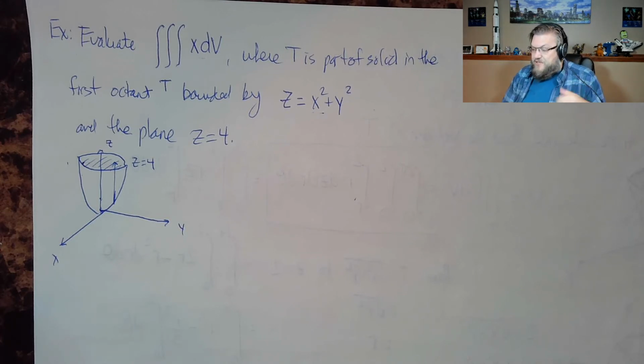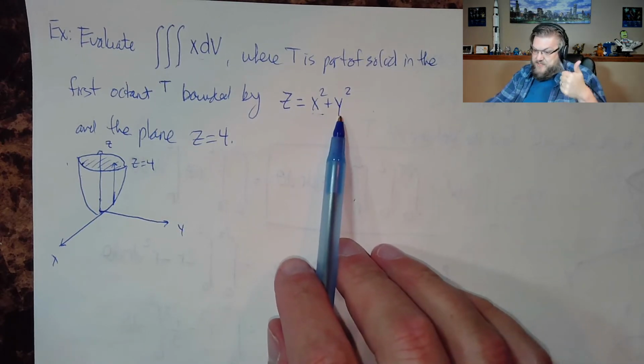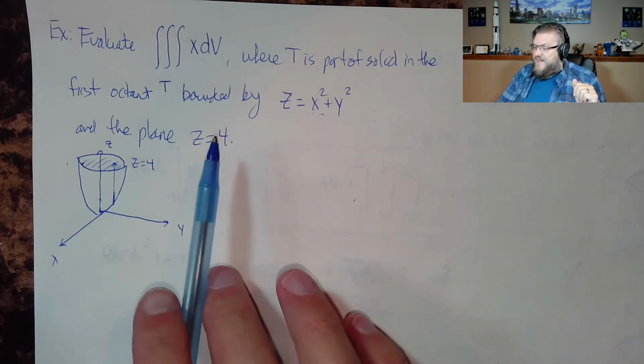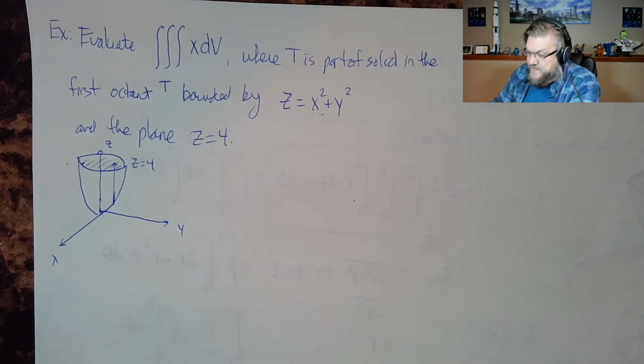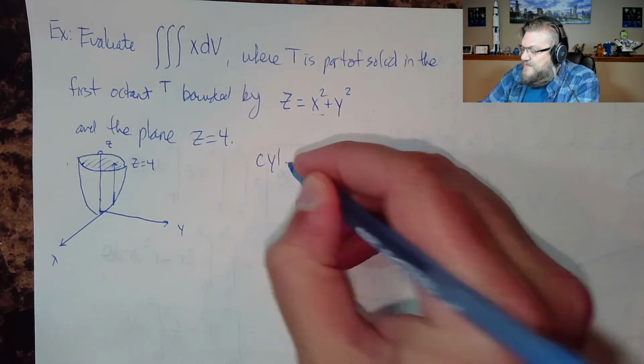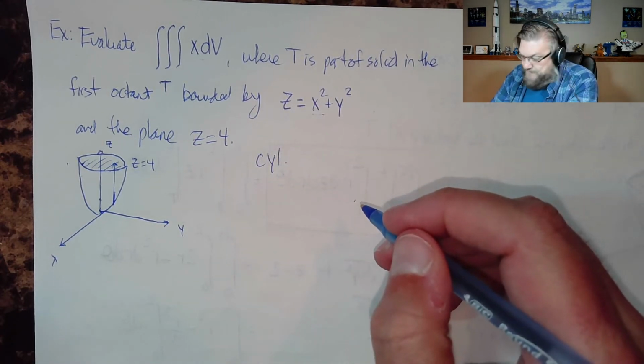Here, I think it's a pretty easy call. Cylindrical is going to be a good thing because I'm seeing x squared plus y squared, which is usually a good sign, and I'm seeing easy z values, so that's a good sign. Yep, this is cylindrical. Let's go ahead and pursue that plan.